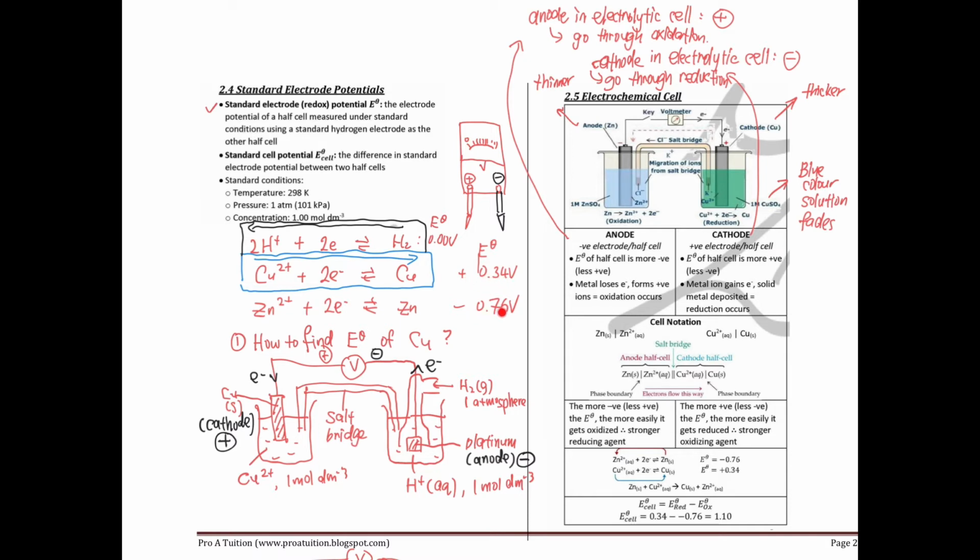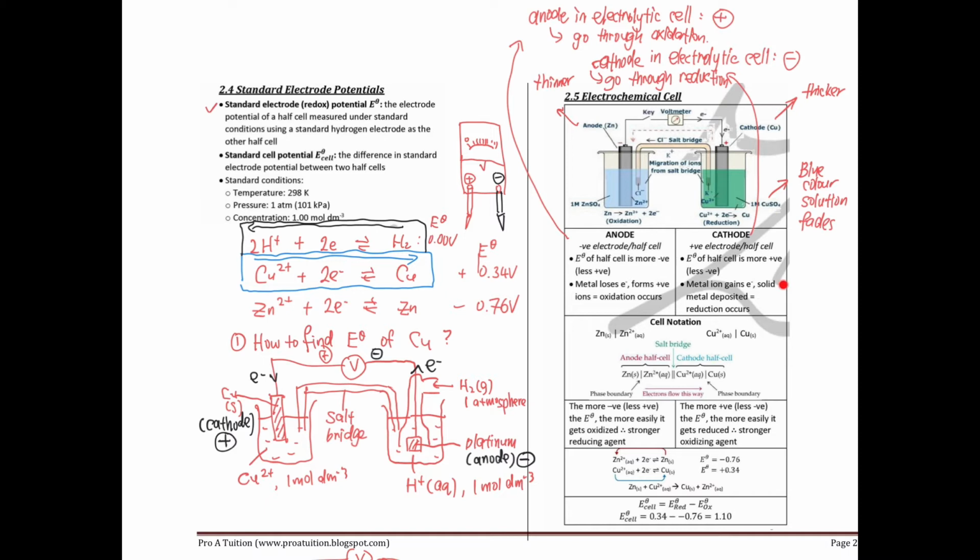Then between the two negative values, negative 0.34 is considered less negative. That is taken as cathode. So we use less negative when we have two values that are both negative. Then we compare. Whoever is less negative will be taken as cathode. So metal ions gain electrons. I already explained this. Cu2 plus gains electrons to become Cu, and Cu makes the cathode thicker.